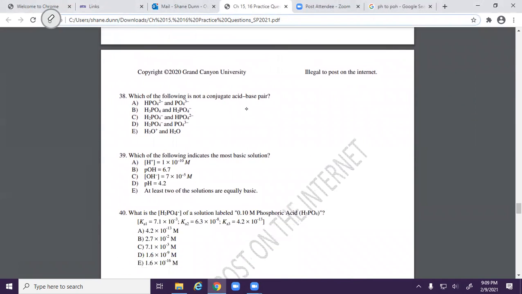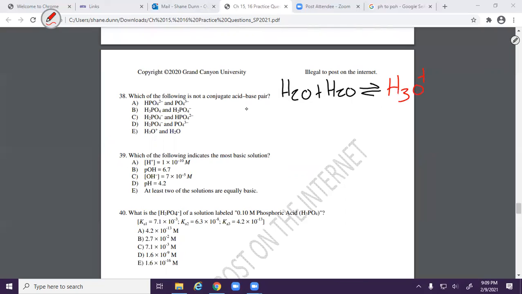Okay. So, which one is not a conjugate acid-base pair? What that means is conjugate acid, right? If I hypothetically do the water thing again, H2O plus H2O gives you H3O+ and OH-.